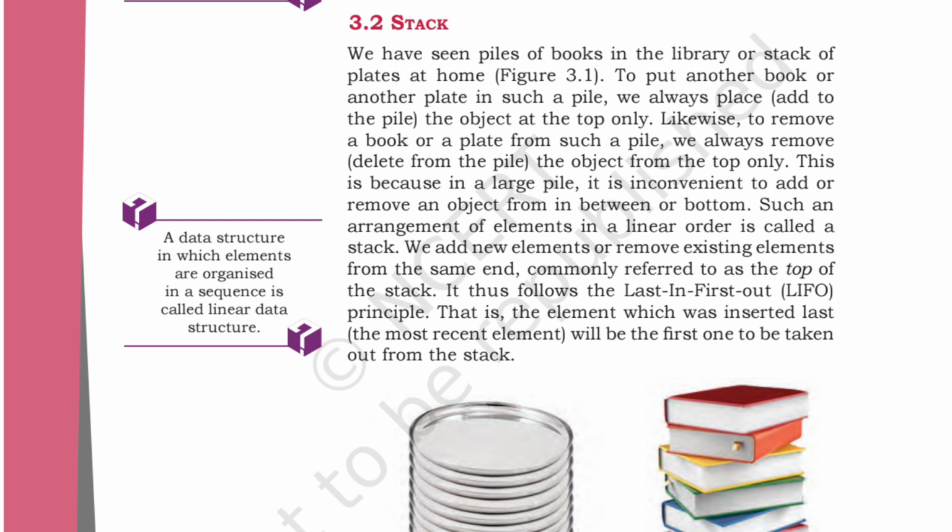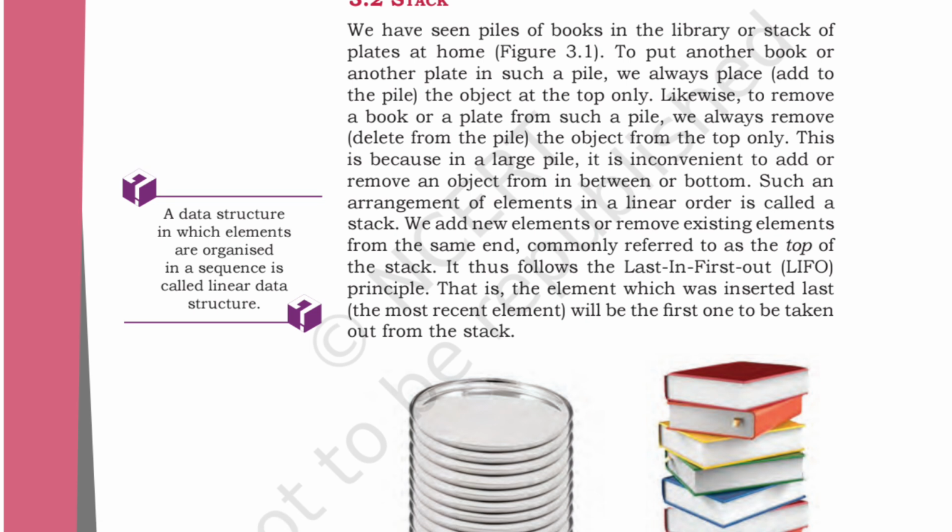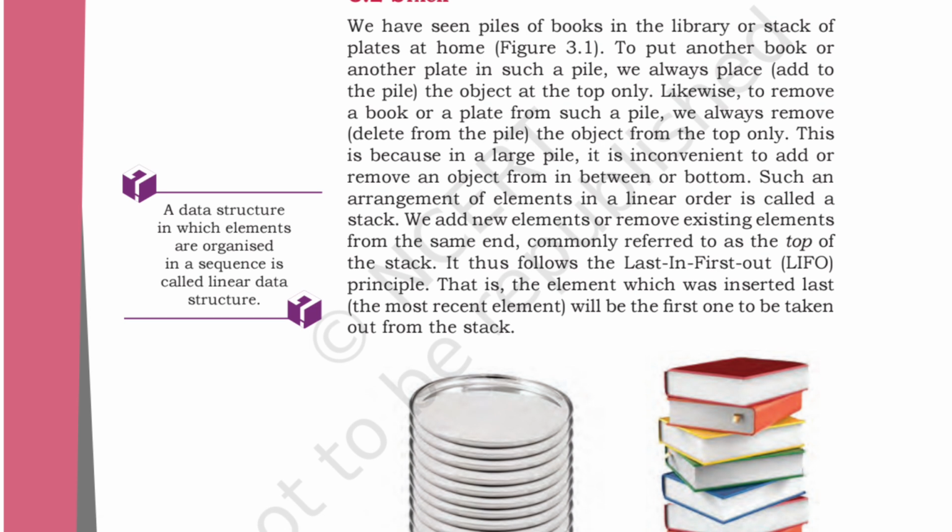This is because in a large pile it is inconvenient to add or remove an object from in between or the bottom. We cannot remove the object from in between or from the bottom. Such an arrangement of elements in a linear order is called a stack.